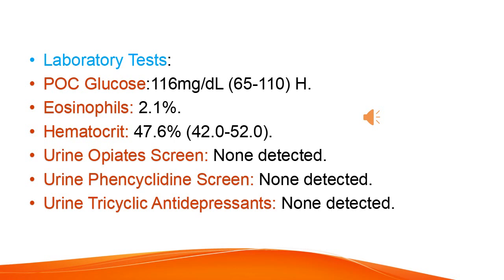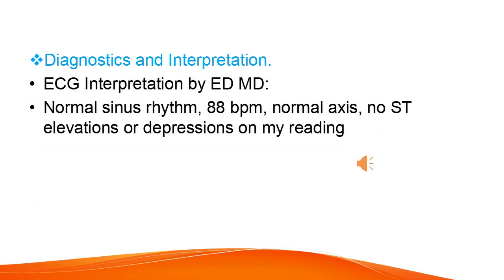Urine phencyclidine screen, none detected. Urine tricyclic antidepressants, none detected. Diagnostics and interpretation. ECG interpretation by ED MD: normal sinus rhythm, 88 BPM, normal axis, no ST elevations or depressions on my reading.